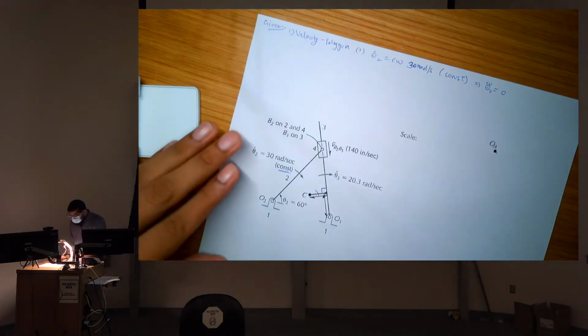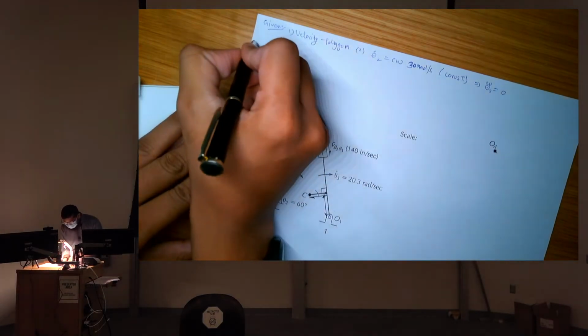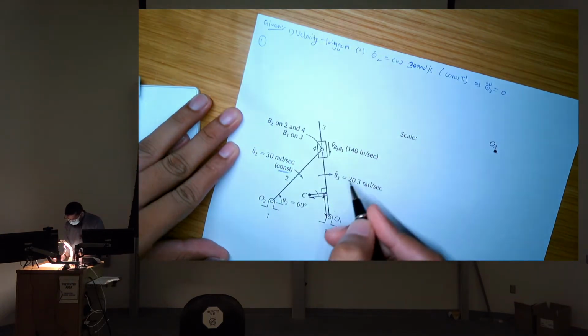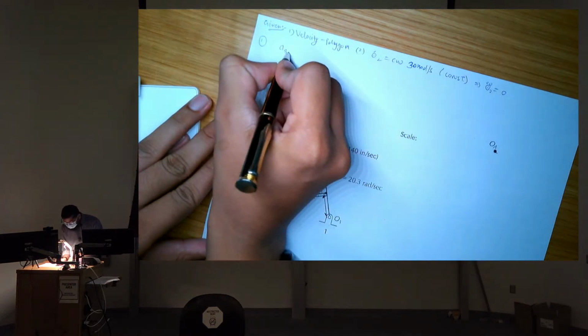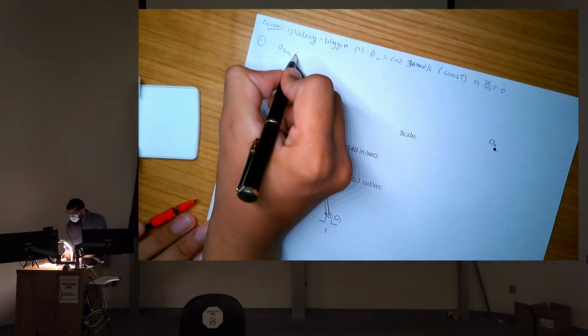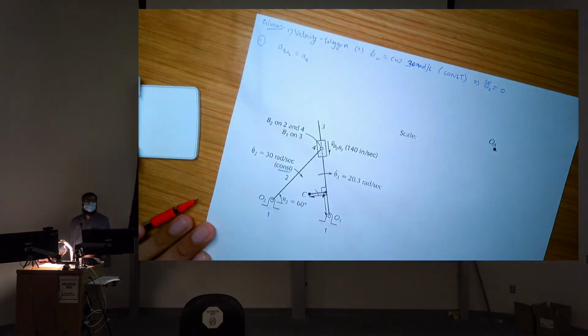So now we will start drawing the acceleration polygon. The first one is to find the easy one, which is your acceleration of ABO2. ABO2 is your acceleration of B. You can say the absolute acceleration of link 2.